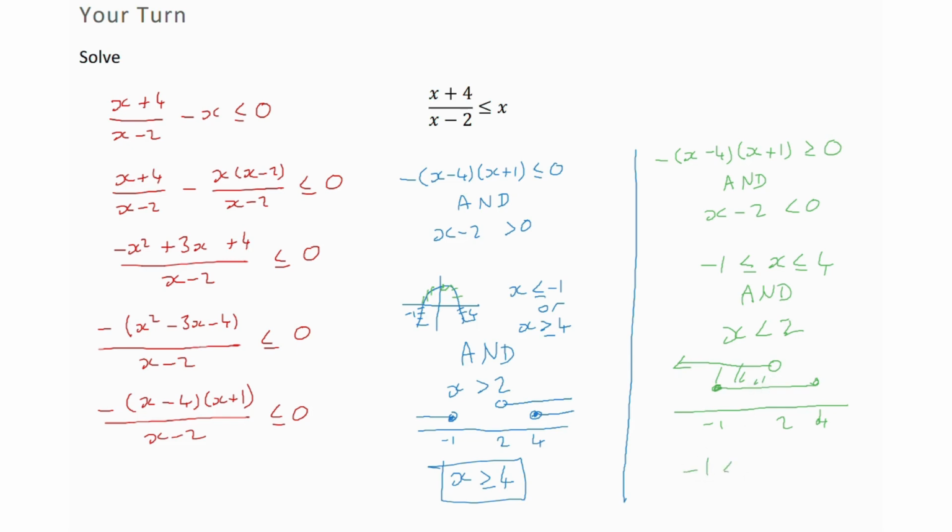It's between -1, including -1, and 2. So that is the second part of our solution to this inequality: x is greater than or equal to 4, or x is greater than or equal to -1 but less than 2. If either of those two things is true, then this inequality is true.